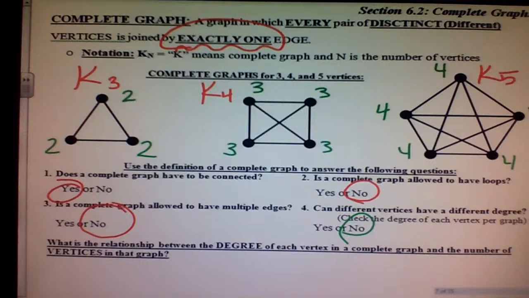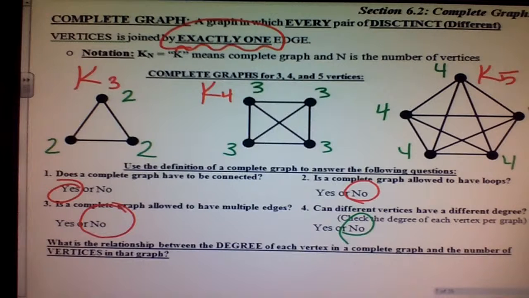What else do you notice between how many vertices you have and the degree of each vertex? K sub 3 has a degree of 2. It's 1 less. So there's your first formula.